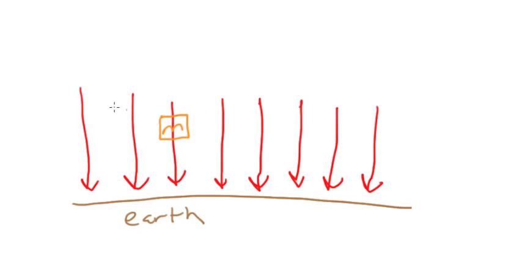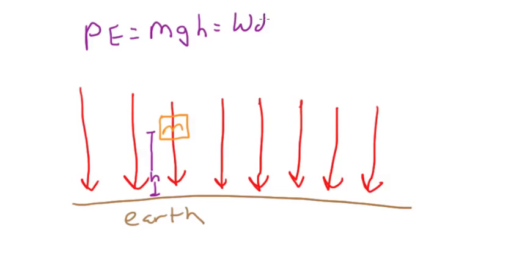If we wanted to describe the potential energy of this box, mass m, at a height h above Earth, then its gravitational potential energy would be its mass times gravity times height. So you can think of it as its weight times the distance above.